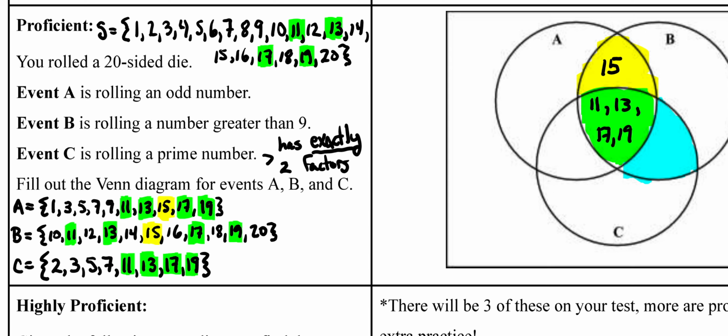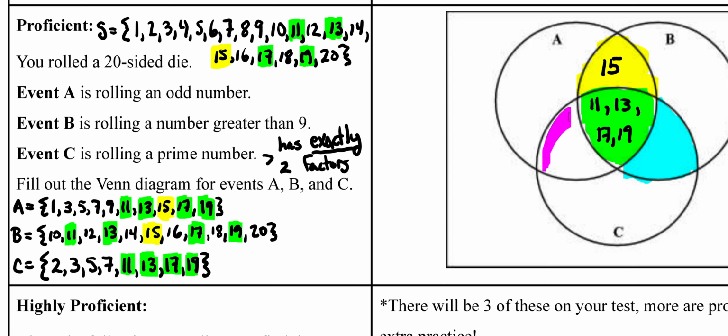It's an empty set. There's nothing in it at all. So we can skip that. And then we forgot to mark 15 up here. So let's mark that. Okay, and then I'll use red here.